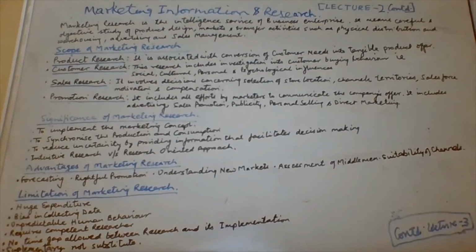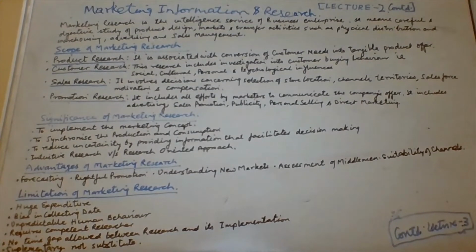In this, the first is product research. It is associated with the conversion of customer needs into a tangible product offer. This may include testing of new products and existing products. We develop a new product and test it by launching it into the market, what we call test marketing, to get feedback from customers about the new product, or to improve the existing products if there are certain deficiencies.